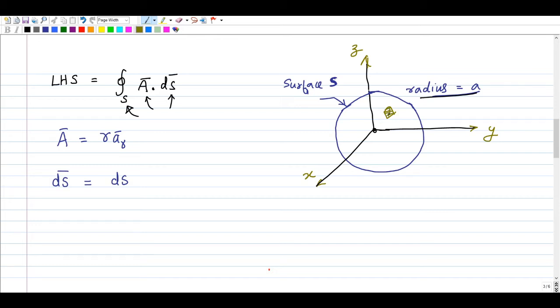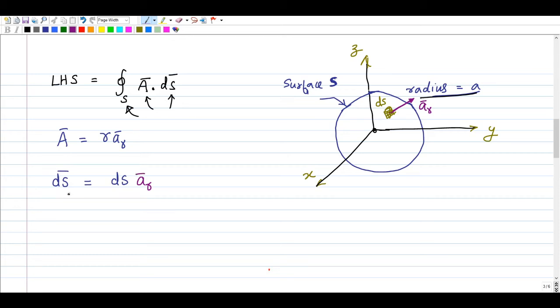Suppose this is the differential area dS. By our definition, we know that area vector will always be normal to the area. So normal is radius vector or a_R. So a_R is the direction of this area vector dS, and we can attach that direction here.